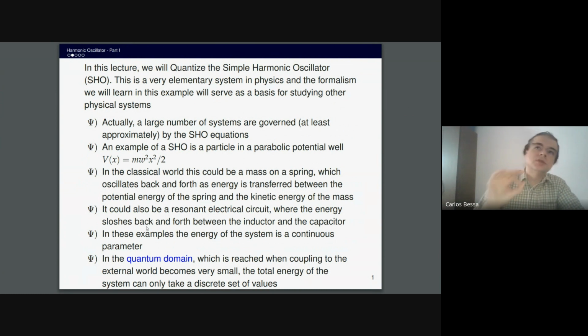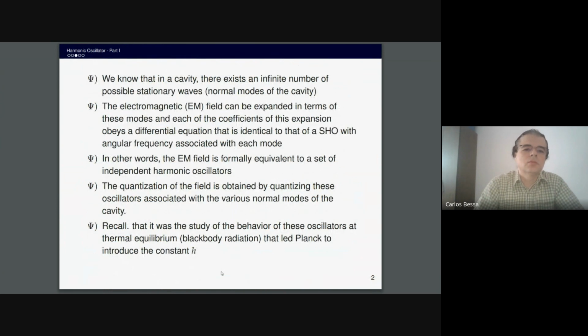Today we'll see that when we quantize, the energy will not be continuous, but will take discrete values. In the quantum domain, which is reached when the coupling to the external world becomes very small, the energy of the system can only take discrete sets of values.